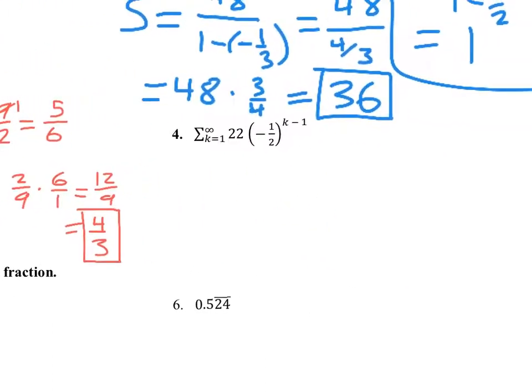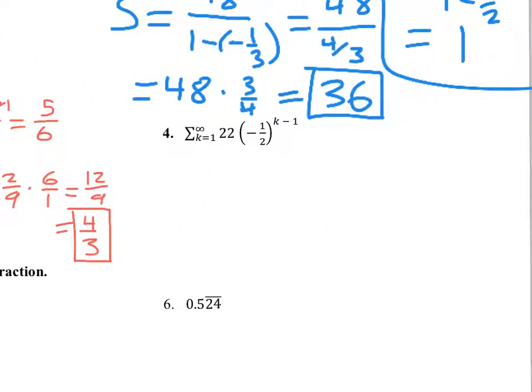Okay, for number 4, it is in exponential form. We can tell it's infinite because it starts at 1 and goes to infinity. So S equals a1, which is going to be 22.